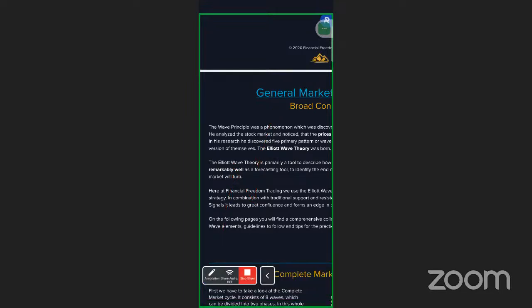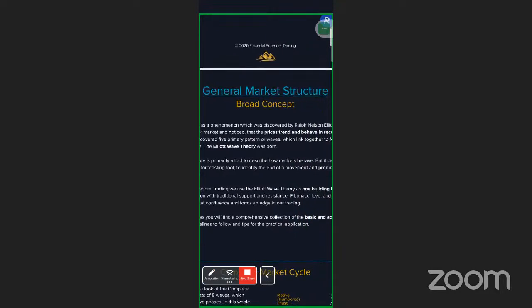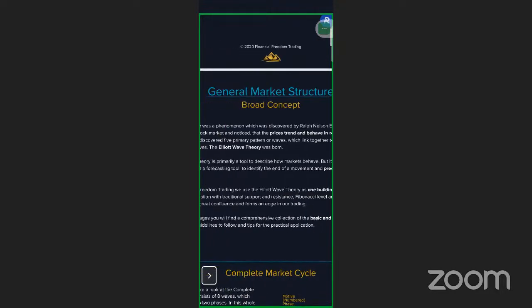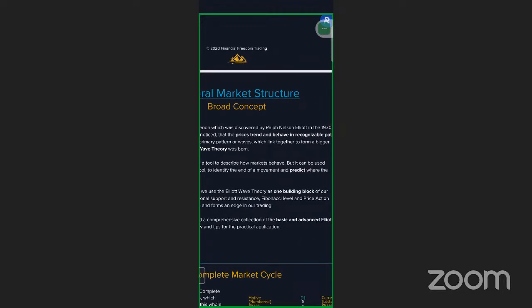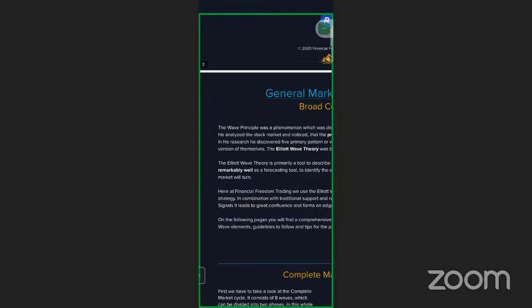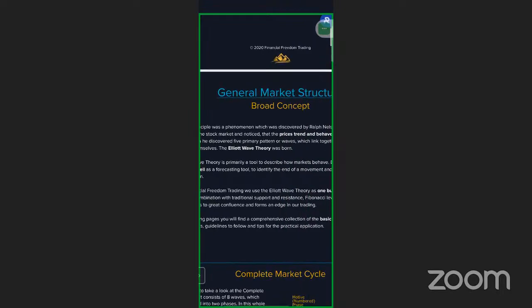Here at Financial Freedom Trading, we use the Elliott wave theory as a building block of our strategy. In combination with traditional support and resistance, Fibonacci levels, and price action signals, it leads to a great confluence and forms an edge in our trading. I believe we have been able to look at support and resistance.